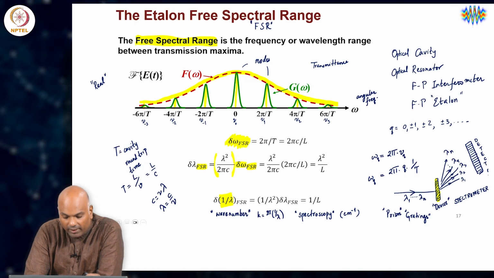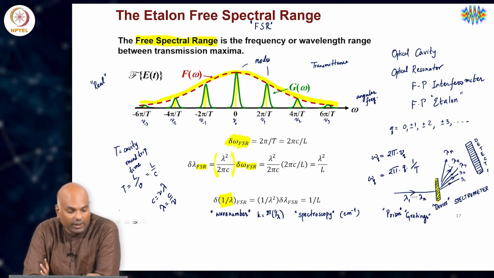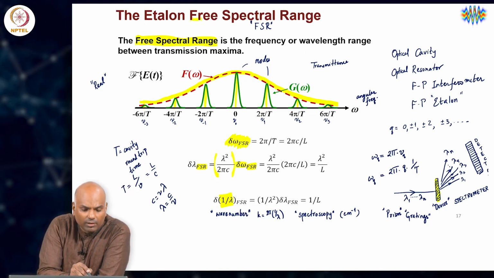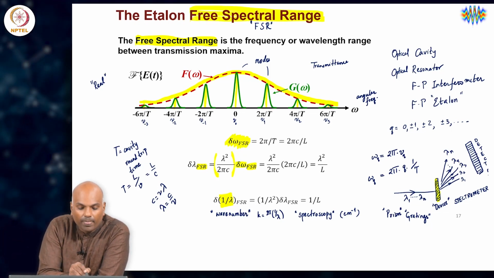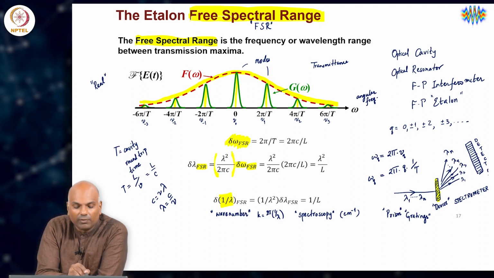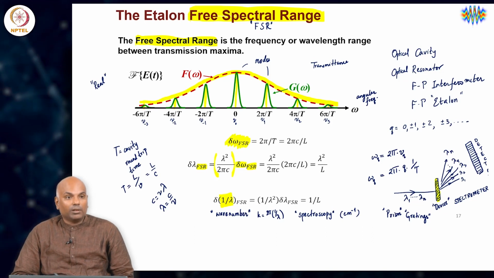all in some sense targeted towards explaining why we should express this important quantity, the free spectral range or FSR, in terms of three apparently different quantities, which are the wavelength, the frequency and the wave number.